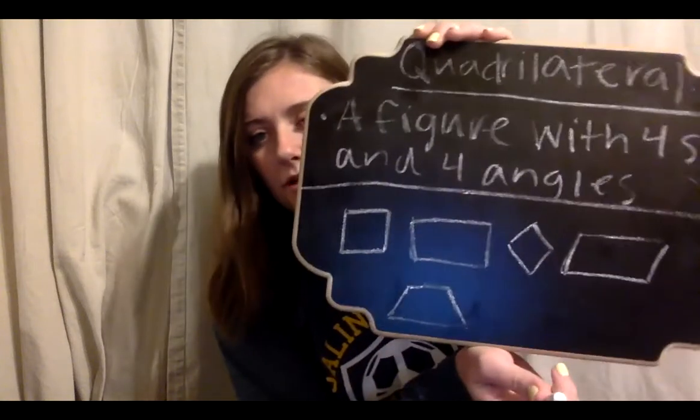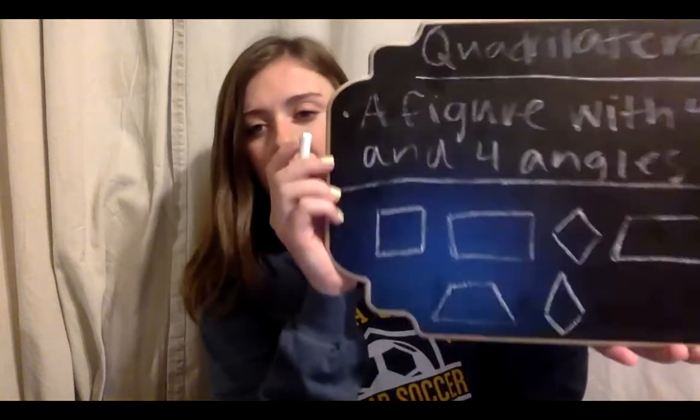Okay, we have a trapezoid right here at the bottom. And then we have a kite. This one's always the hardest for me to draw. Okay, we have the kite. Okay, so those are the most common quadrilaterals, and those are the shapes that we're going to be using today for our robots.